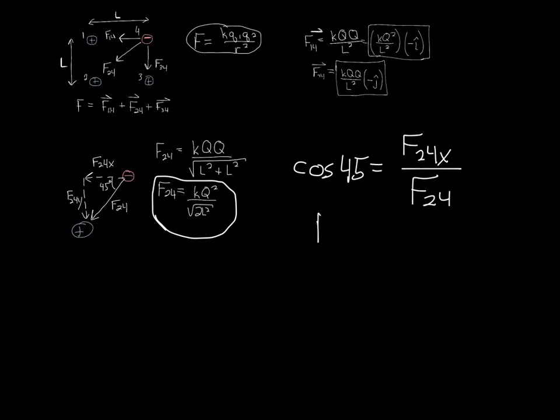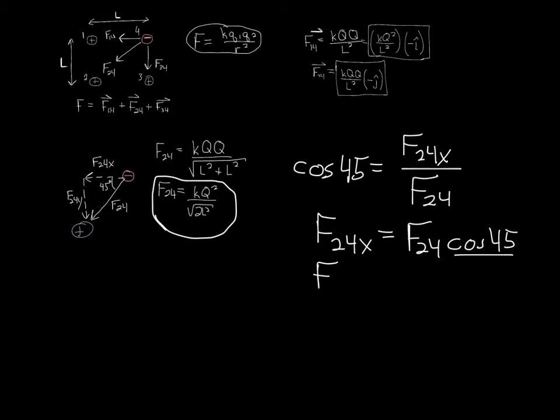Shuffling this around, doing the algebra to solve for F24x to get it by itself, I find F24x is equal to F24 times cosine of 45. If you plug this into your calculator, you'll find the cosine of 45 is about 0.71.